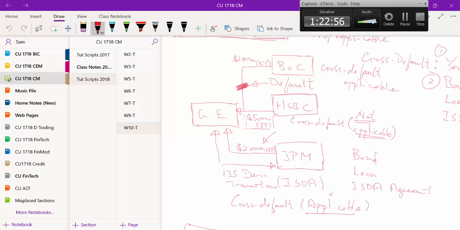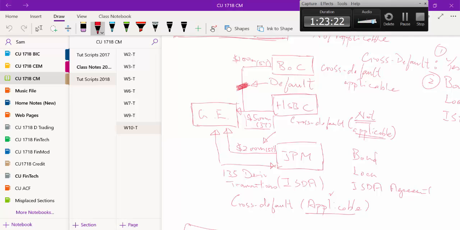And JP can say, well, can we ask you to pay us back the $200 million loan that we have with you? And we also want to terminate all the derivative transactions. So we calculate all the mark-to-markets, we add them all up, we get one number. Don't know what that number is, but someone will be paying the other party.